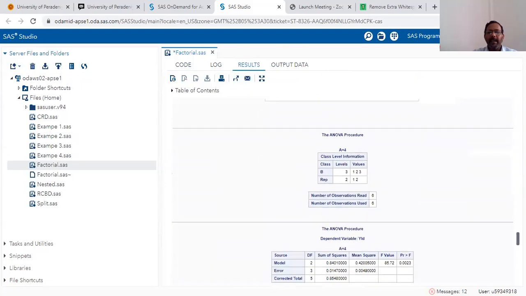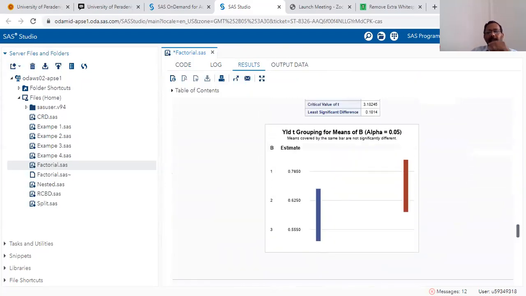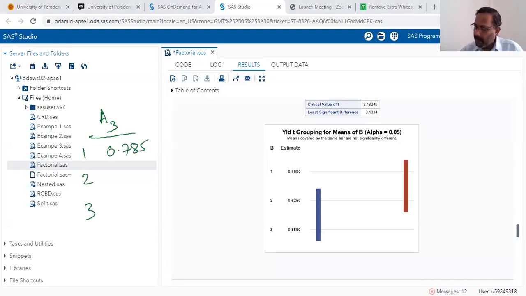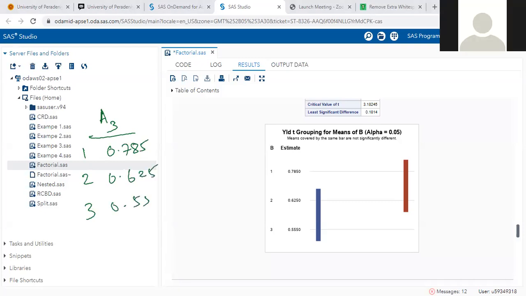Let's look at A3. This is for A3. Tell me what is the story now? Interesting. A3. If we compare, first and second are both the same color. Yeah, second and third are also the same color. So how can we interpret this?